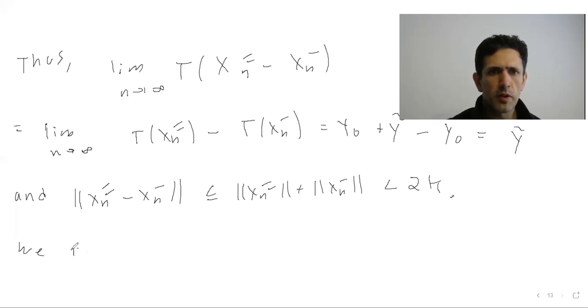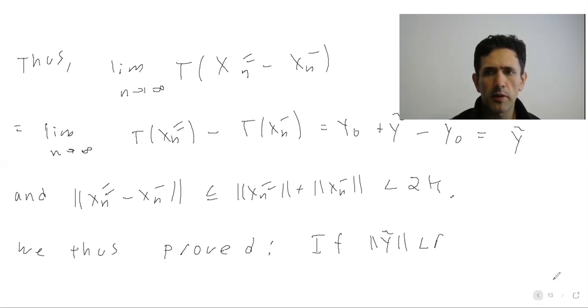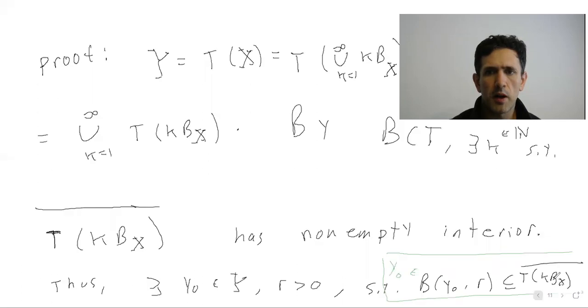What have we proved? And I think it's worthwhile to just write down what we've just proved. For any y tilde with norm less than r, remember r came from the Baire category theorem, particularly this has non-empty interior, this is where the r comes from.